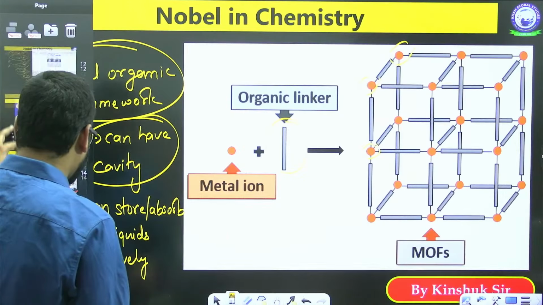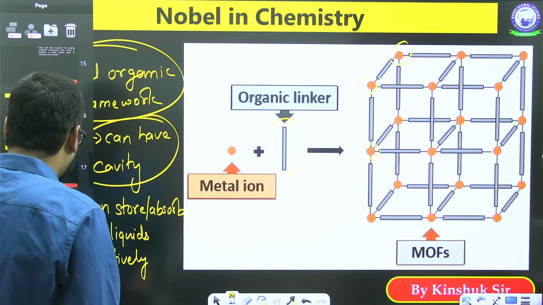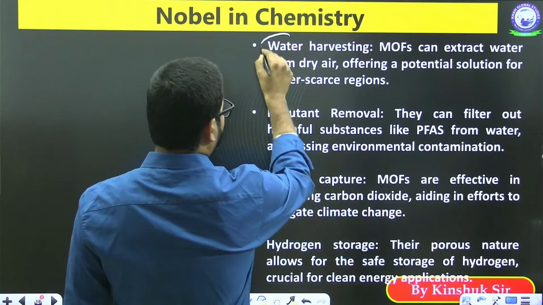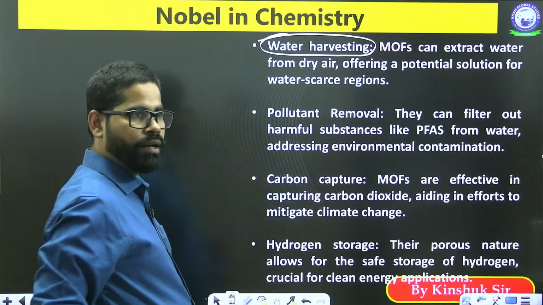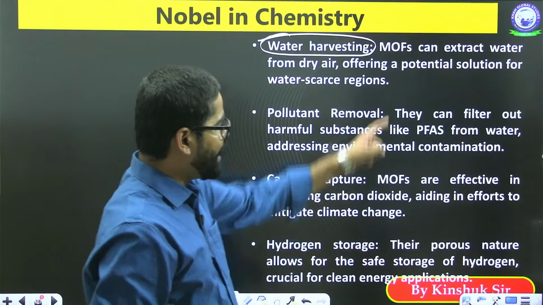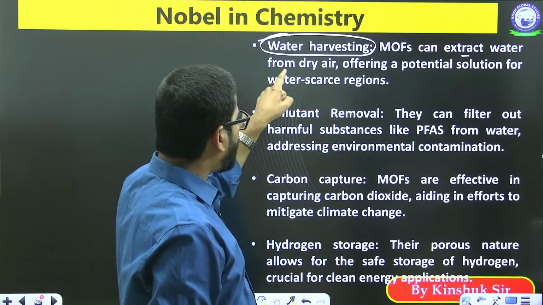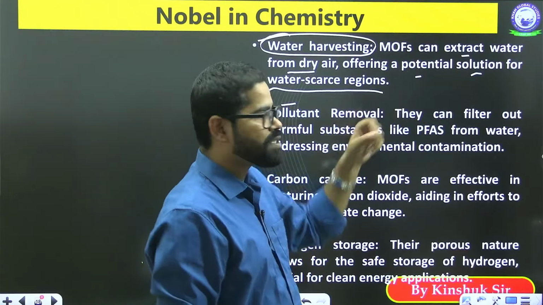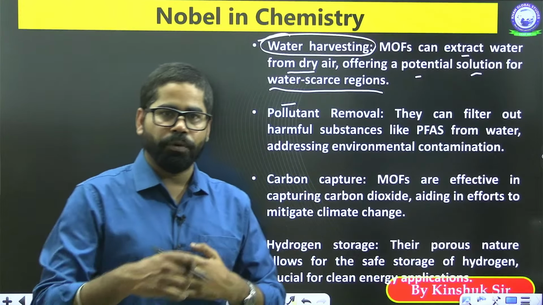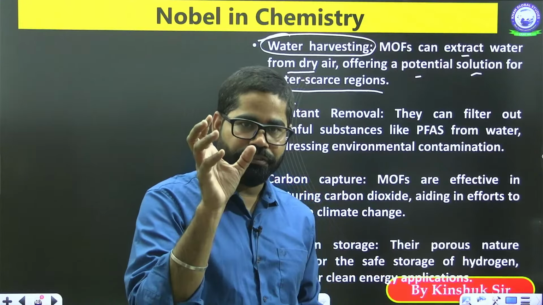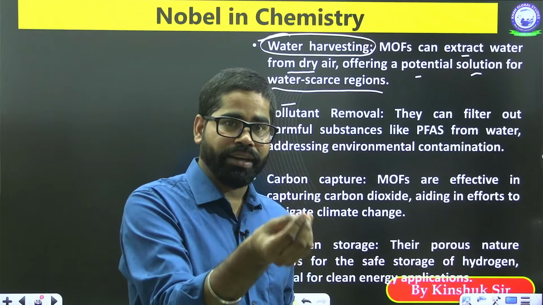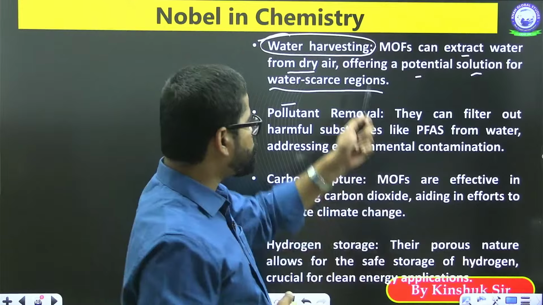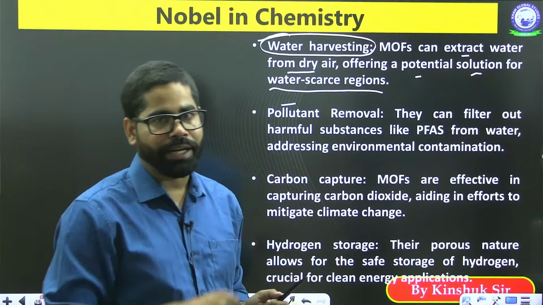So what will we use it for? What is the use of this metal organic framework? Take one example, water harvesting. The metal organic framework can extract water from dry air, offering a potential solution for water scarce regions. Suppose in a water scarce region we have to absorb water from the air, this is one of the options.